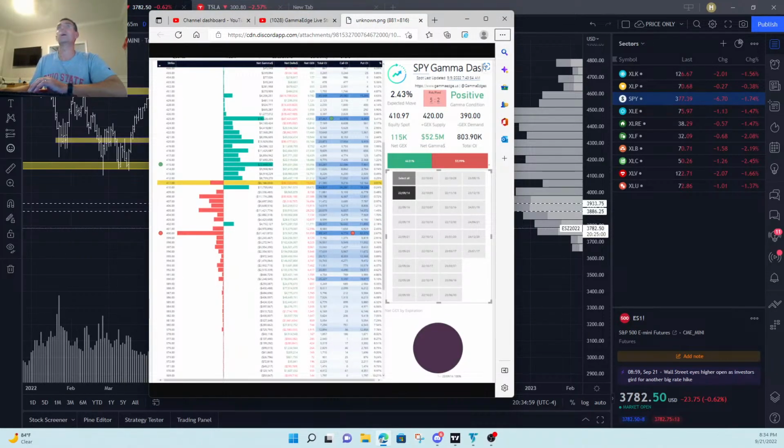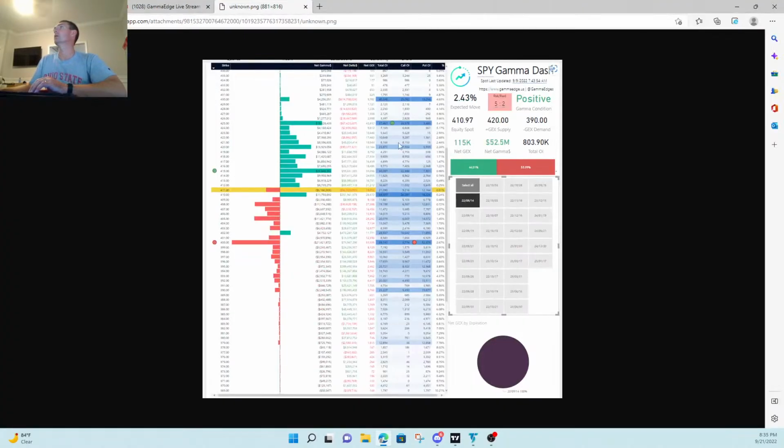I think everybody should be able to see this. It might be a little fuzzy, it may not be real clear. Here are our PBI charts for anybody watching who wants to understand what we have and how we track the net gamma and net delta. I think you're asking about the net delta, right?